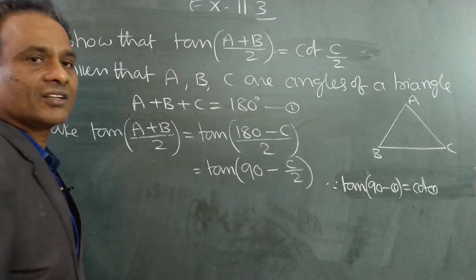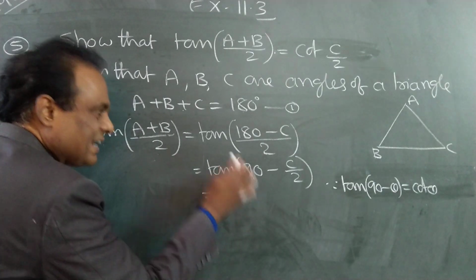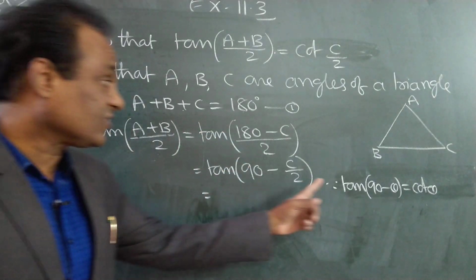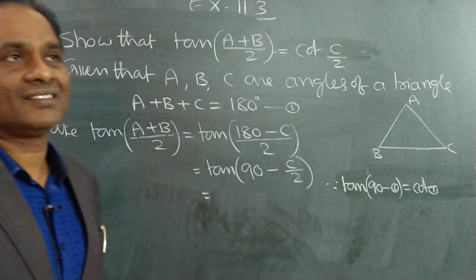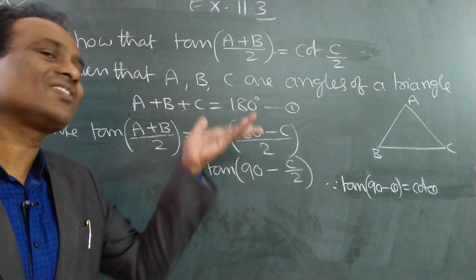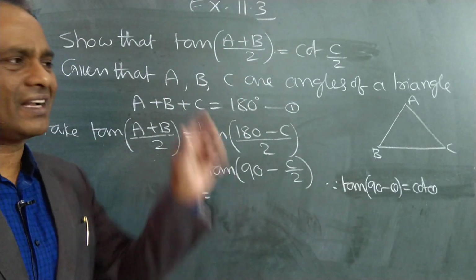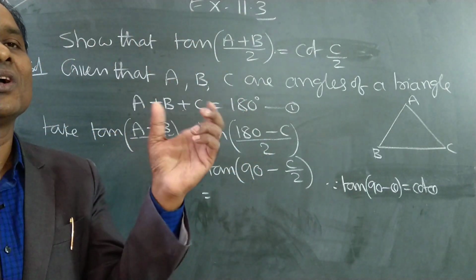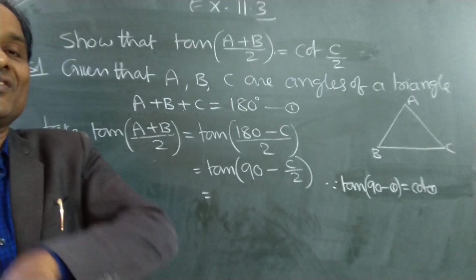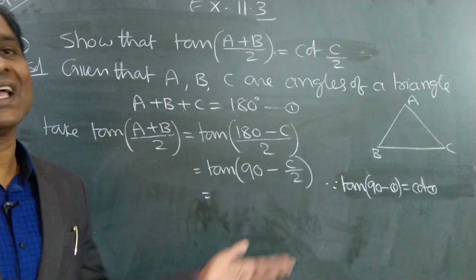Apply that formula here. For 90 degrees, tan changes to cot. Tangent changes to cotangent, easy to remember. Tangent to cotangent, cotangent to tangent like that.